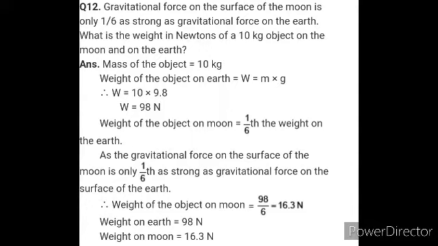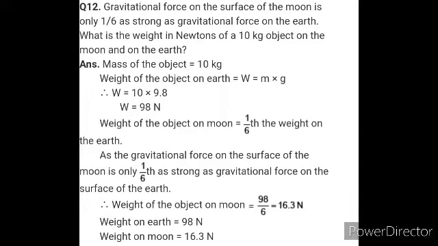Therefore the weight of the object on earth is 98 Newton, whereas on the moon, because acceleration will decrease by 6 times, 1 by 6, the weight is also going to be 98 divided by 6. So 98 by 6 is 16.3 Newton. So weight on earth is 98 Newton, weight on moon is 16.3 Newton.